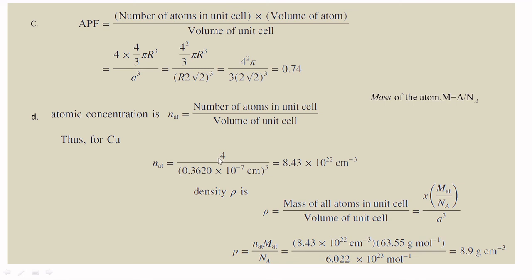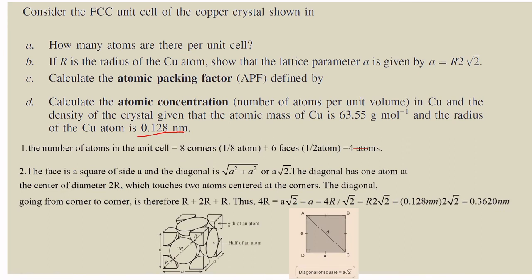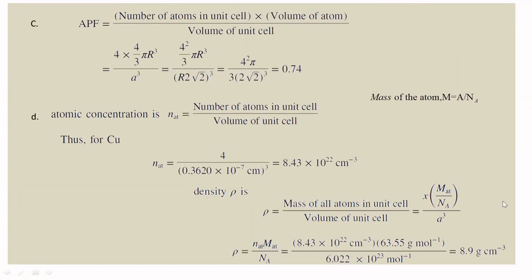The volume of the unit cell is A cube, that is 0.3620, which we have already determined. The volume of the unit cell is 0.3620 into 10 to the power minus 3 centimeter cube.